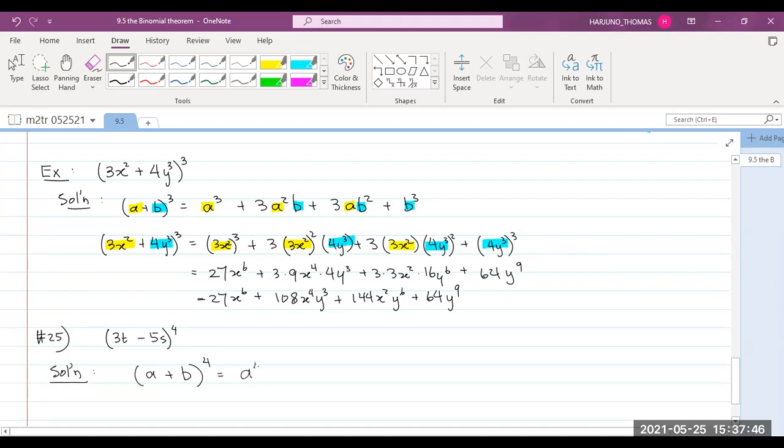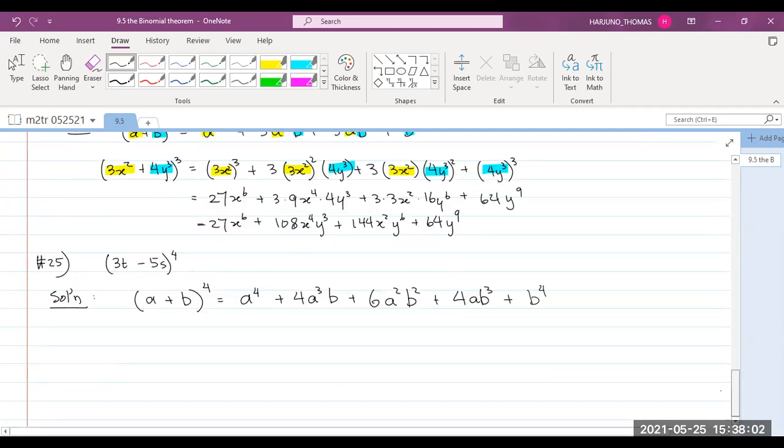So a to the 4th plus 4a cubed b plus 6a squared b squared plus 4ab cubed plus b to the 4th. Now we substitute the a to be 3t and the b to be negative 5s.